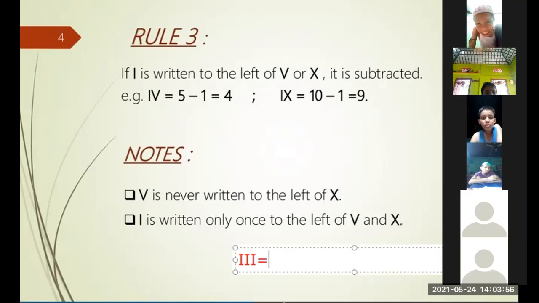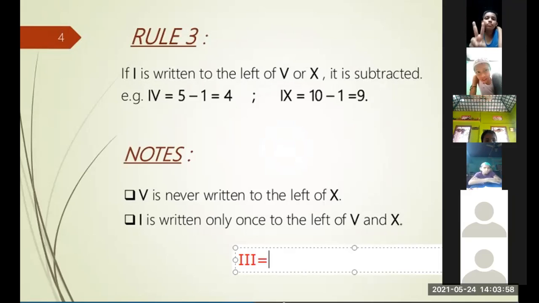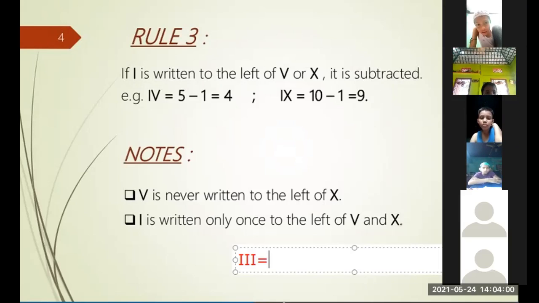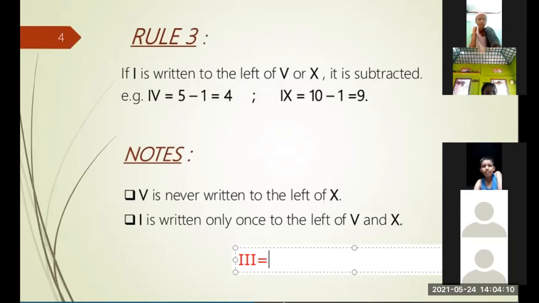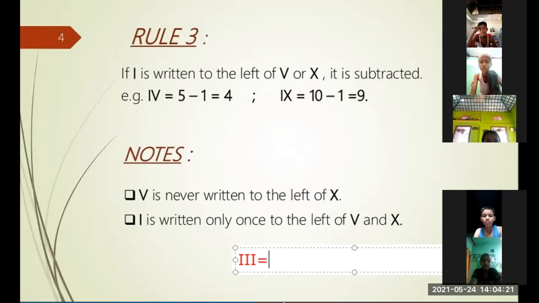No, rule number 1. In rule 1 we have got that if I and X repeat, then we'll add, or not? Yes, sir. I 3 times means, you tell me.